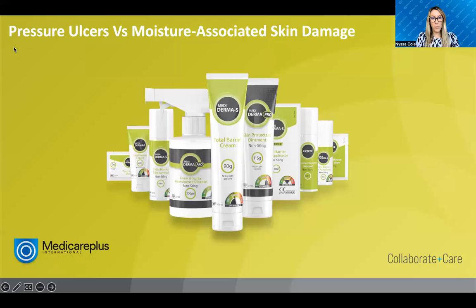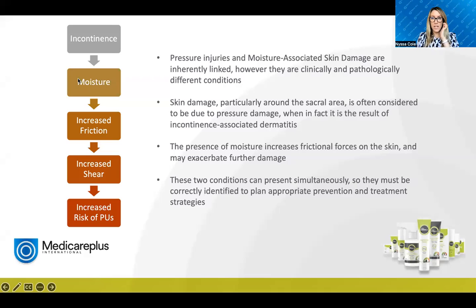Now, why is it important to know the difference? Because the prevention and the treatment strategies are very, very different. And pressure ulcers are linked to moisture-associated skin damage, but essentially they are pathologically different conditions.